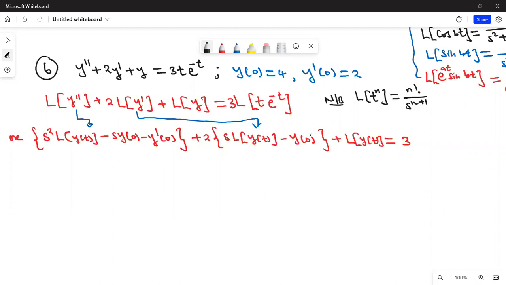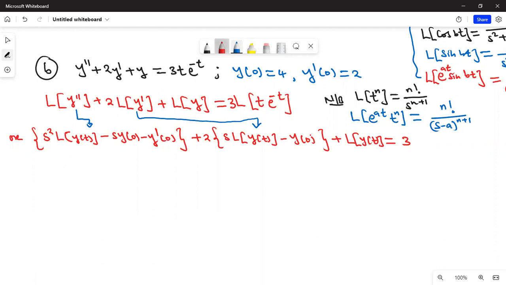And so when you use the first shifting property, if now the polynomial is multiplied by an exponential function, let's talk of t raised to n, what are you supposed to get? Remember, we are going to be using the first shifting property of Laplace transform. This will give you n factorial over s minus a raised to n plus 1.